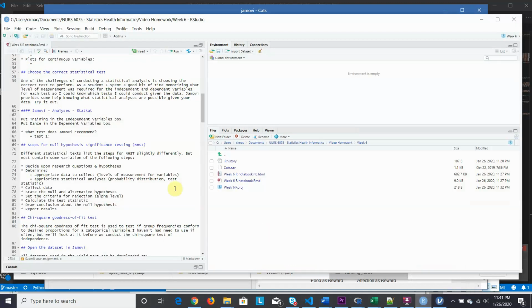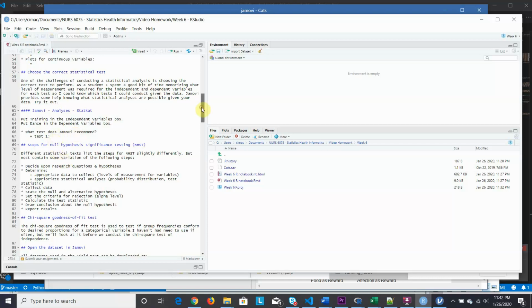Let's go back to our assignment. So we did that part, you can answer the chi-square test of independence for our answer on that.